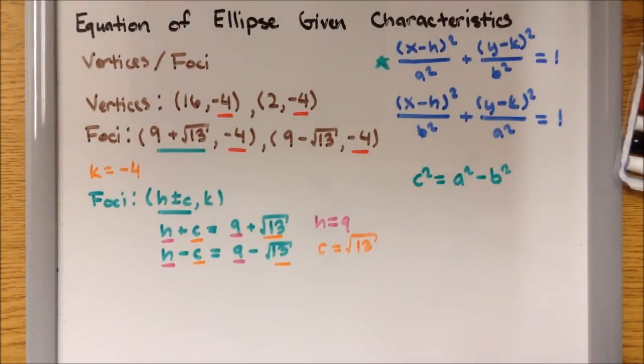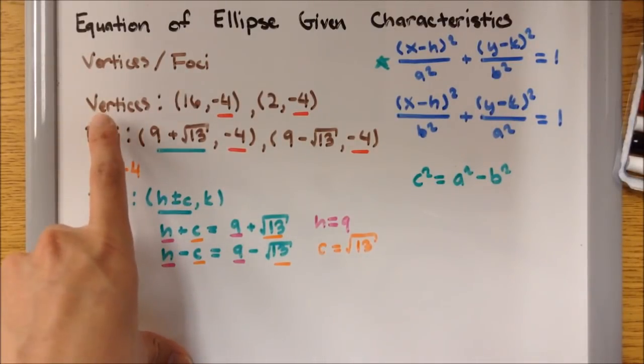Now, how could we find the values of a and b if we don't know both of them? Well, we have the foci, so now we're going to use the information from the vertices.